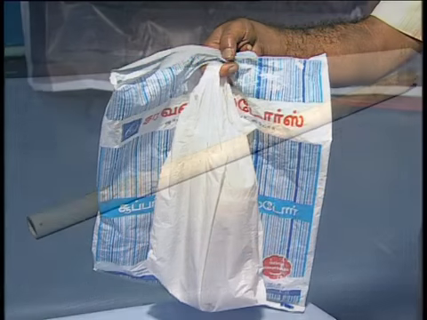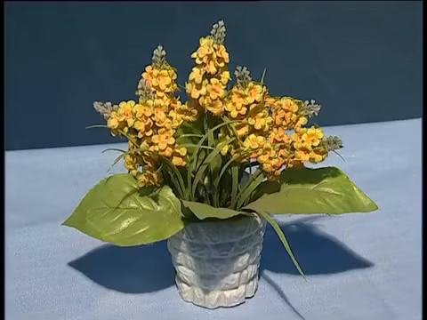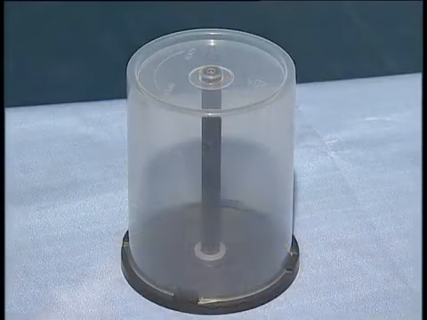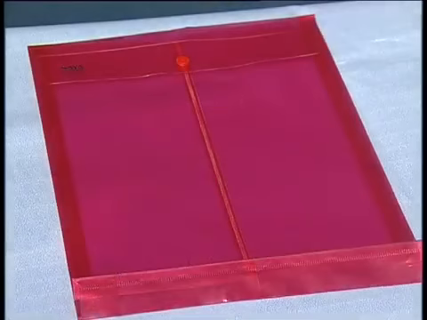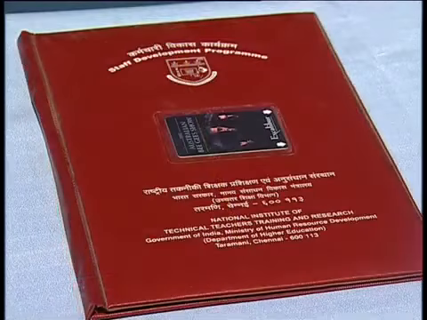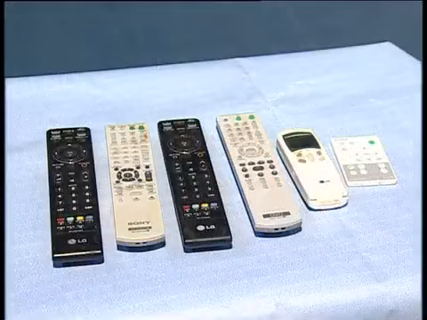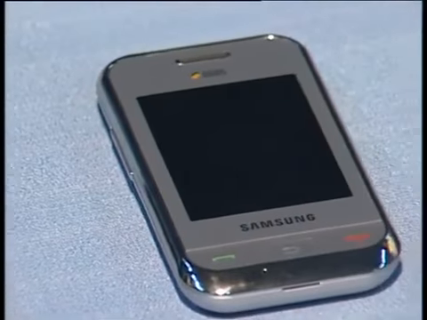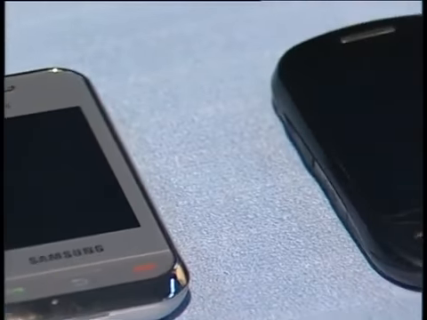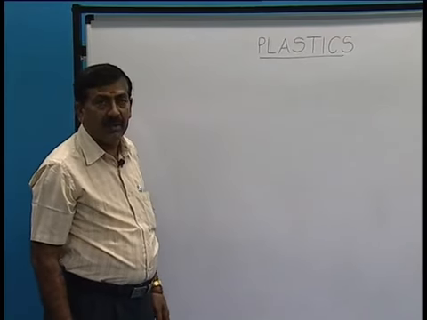Example, polythene, polyvinyl chloride and nylon. Plastic is an organic high polymer.